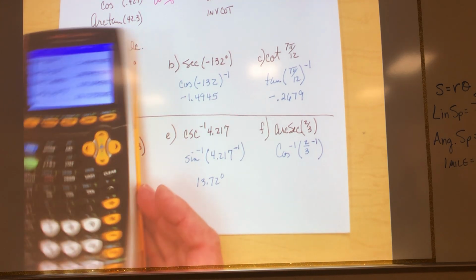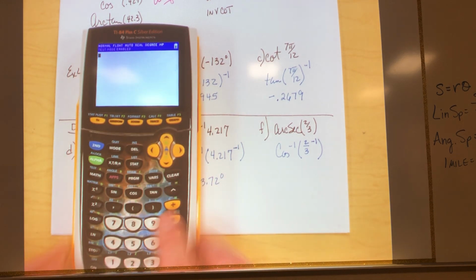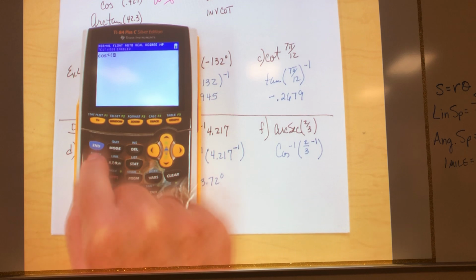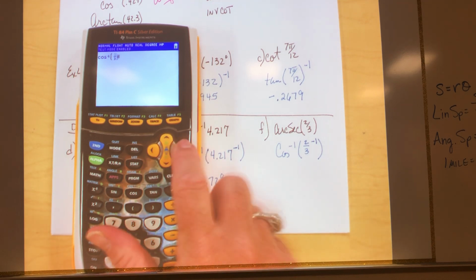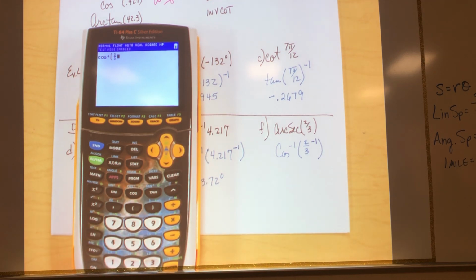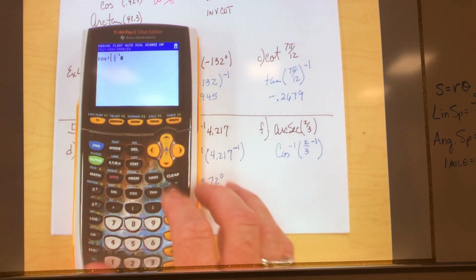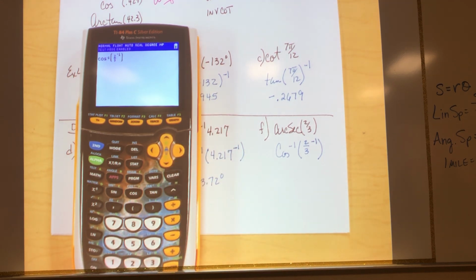It'll be bad. So we're gonna go second cosine. I'm gonna get my fraction, that's alpha and F1. I got a 2 on the top and a 3 on the bottom. Get out of the fraction and then press your x to the -1. Okay, and then if you want to, you can close the parentheses.